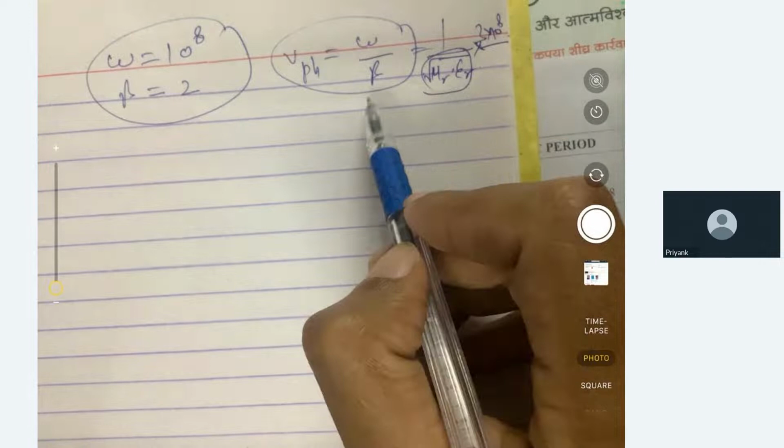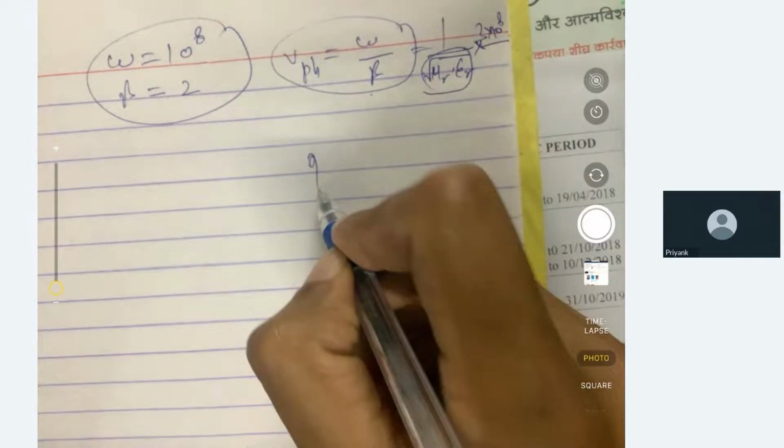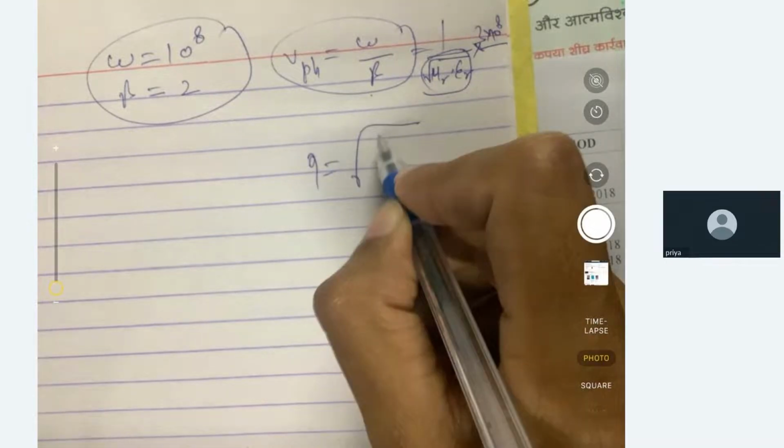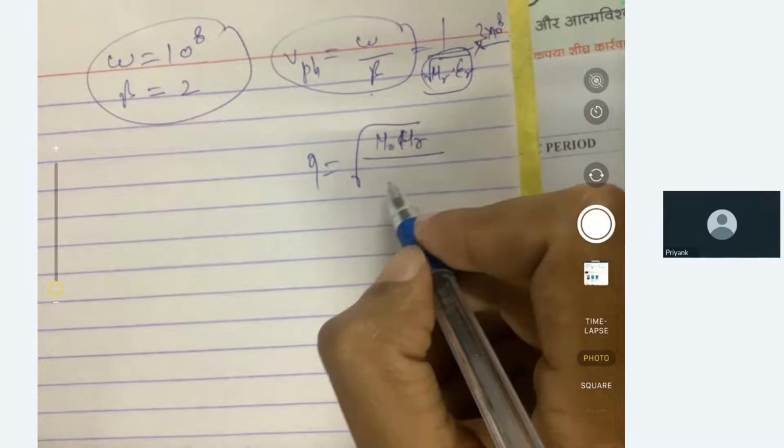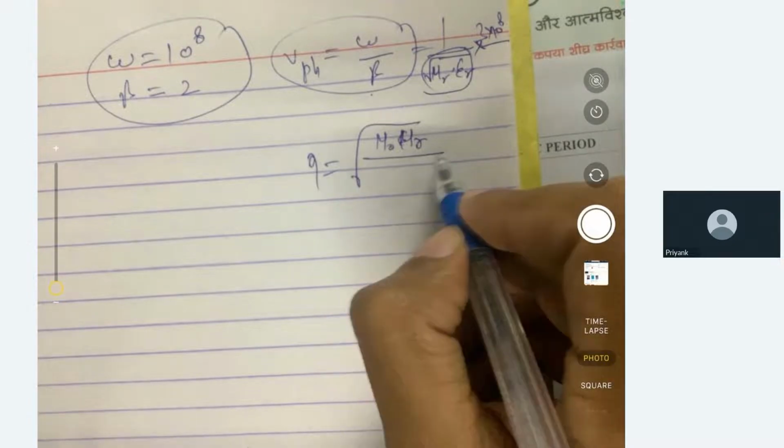Still we actually require eta. So from here you will get root mu r into epsilon r is equal to 36. But that will not serve our purpose, because we need mu r upon epsilon r.